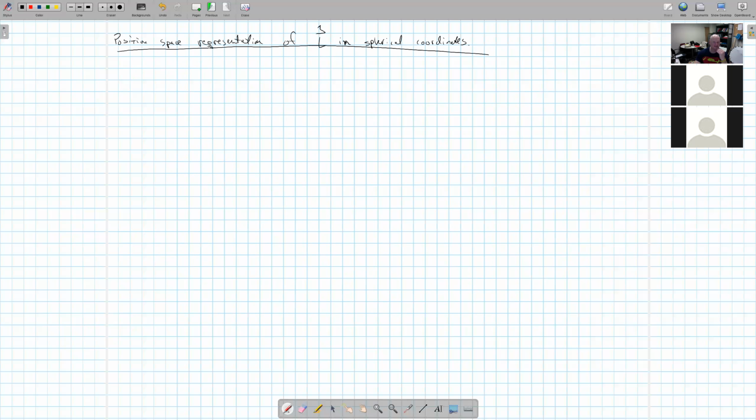So here, since we're working in spherical coordinates, what we're going to do is take our basis states. Remember our R vector, which we said was equal to X, Y, and Z. We're now going to write this in spherical coordinates, so this is going to be dependent on r, theta, and phi.